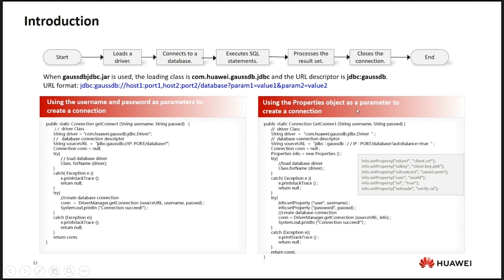For the second choice, you can use a Properties object. You can put some parameters and their values here. Then you put this properties object into the getConnection API, and you get your connection just as in the first choice.